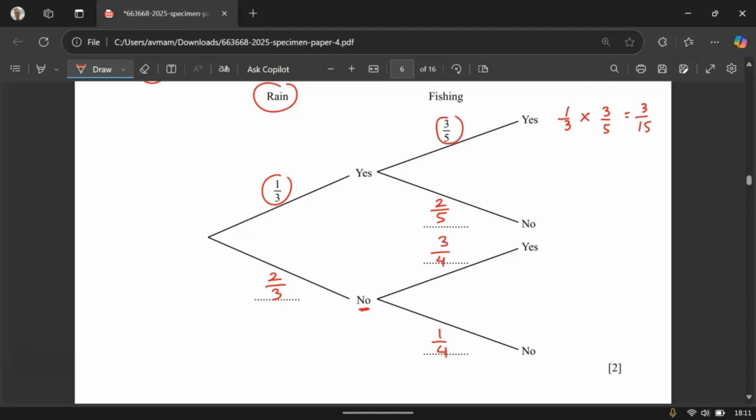Now let us look at another branch that she goes fishing when it does not rain, and then she goes fishing. So here the outcome would be 2/3 times 3/4, and that's going to give us 6/12.